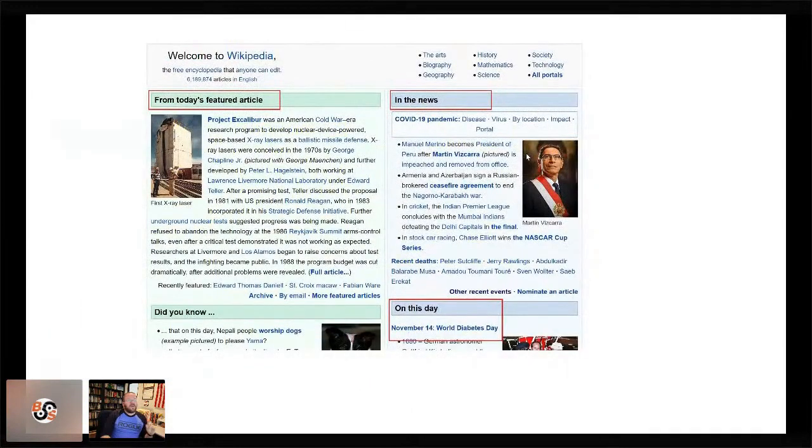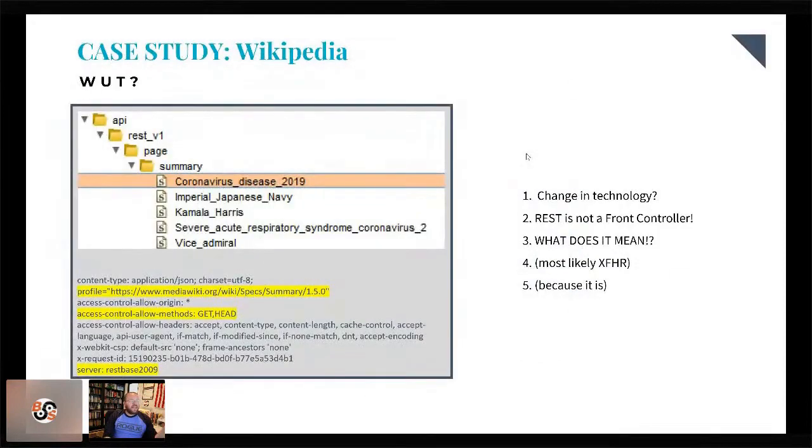Kind of going back to our front page, when we looked at this before, one of the things I sort of jumped ahead a little bit and skipped is that it actually gets served on a whole other framework that's different than every other part of the site. So it actually comes out of this API REST v1 page summary component. It's a change in technology, right? REST is representational state transfer for folks who aren't super familiar with it.